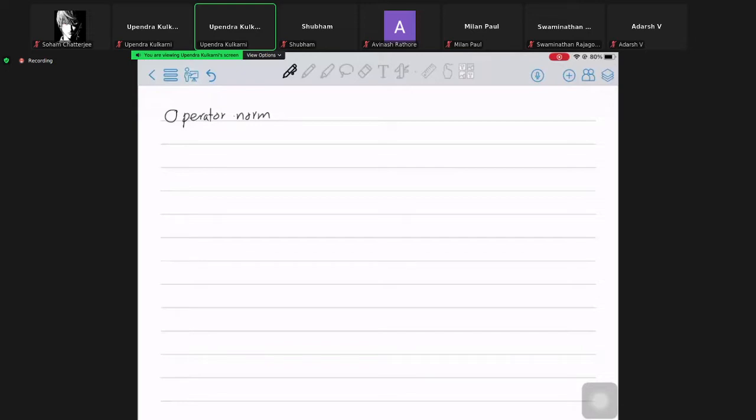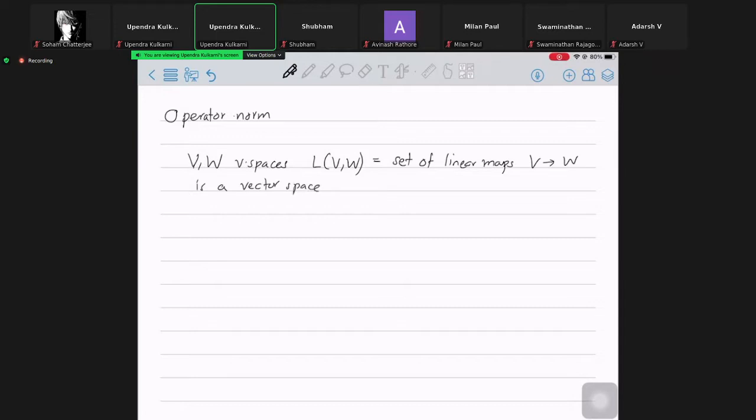Suppose I have V and W that are vector spaces. Mostly they will be finite dimensional for us. Then, if I take all the linear operators from V to W, the set of linear operators or linear maps, let's say, is itself a vector space.